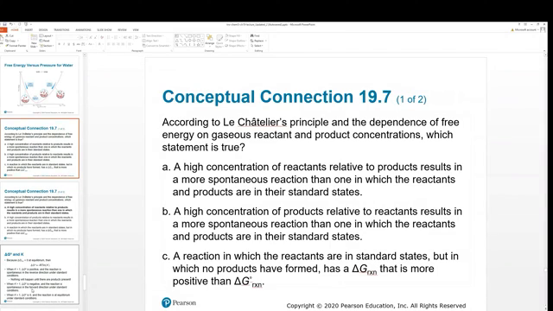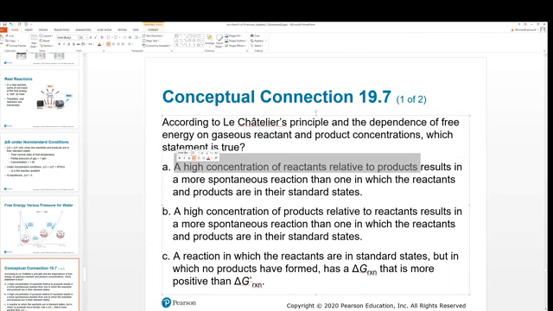of course. According to Le Chatelier's principle and the dependence of free energy on gaseous reactants and product concentrations, which statement is true? Because it's products over reactants, that means the reactants are big, products are small number. Results in a more spontaneous reaction than one in which the reactants and products are in their standard states.